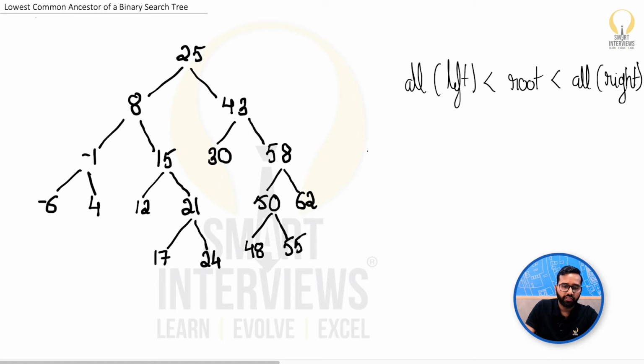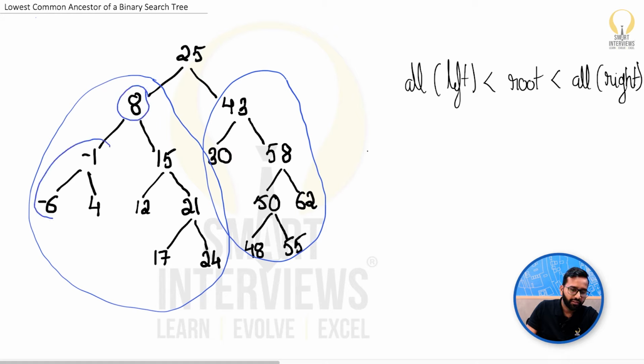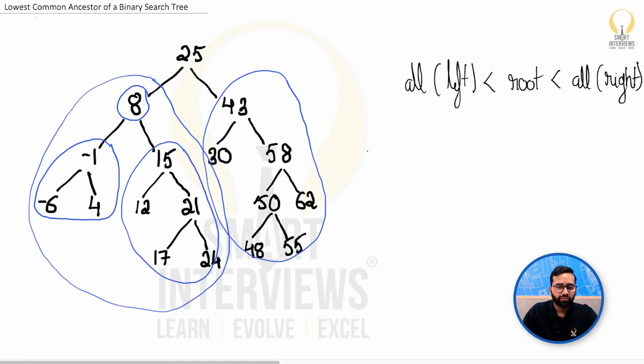So if you observe here, all of these nodes are less than 25 and all of these nodes are greater than 25. Similarly, all the nodes on the left subtree of 8 are less than 8. All the nodes in the right subtree of 8 are greater than 8. So these are the BST properties.